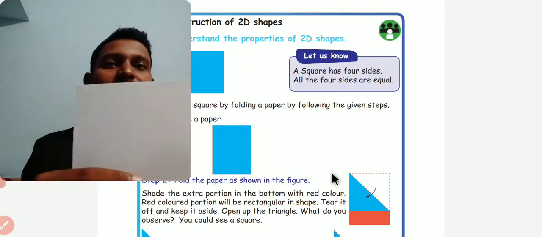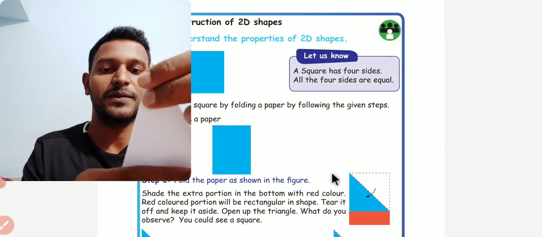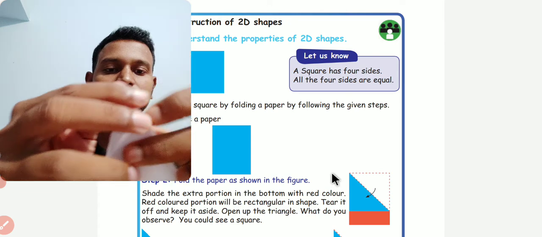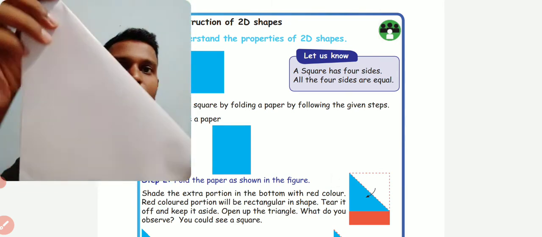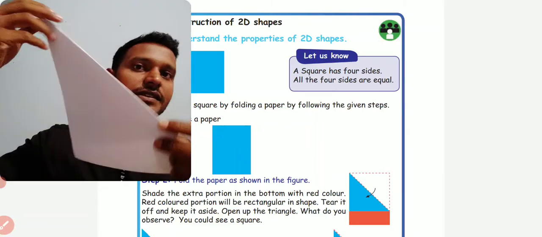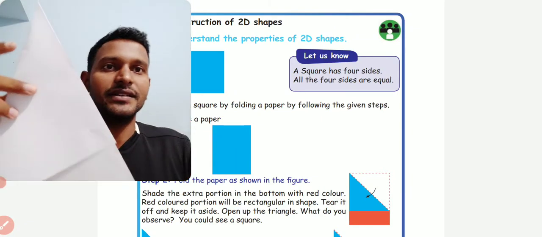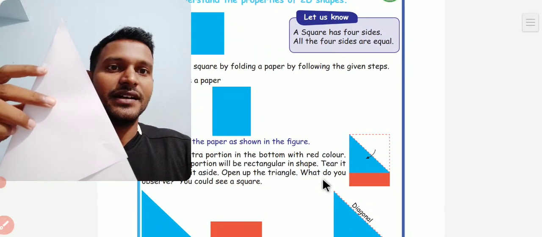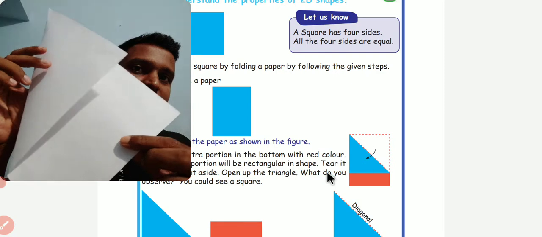You fold that paper like this. I fold that paper like this. This is step 1 and step 2. Now you can see here we have one extra part.